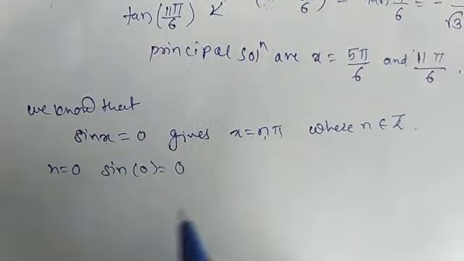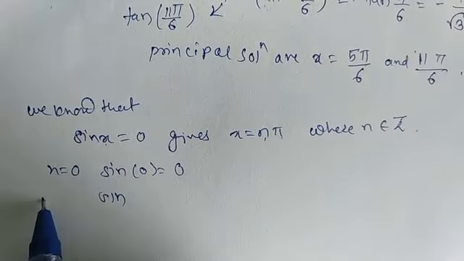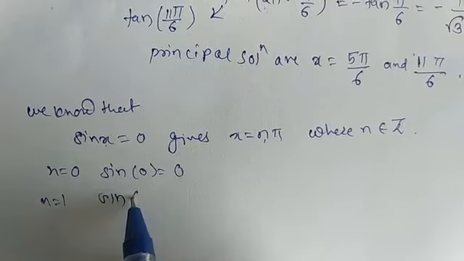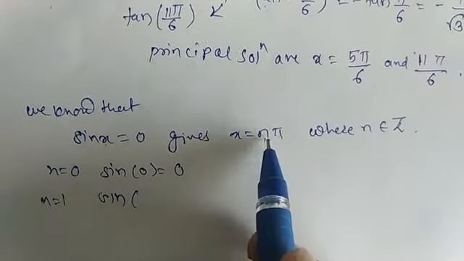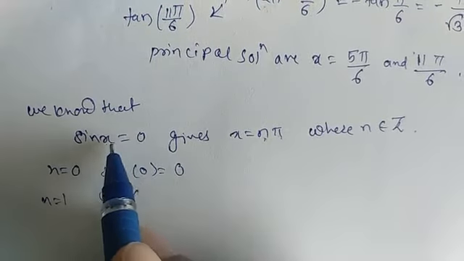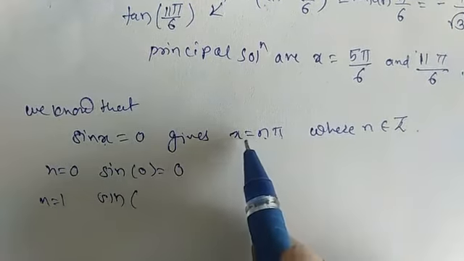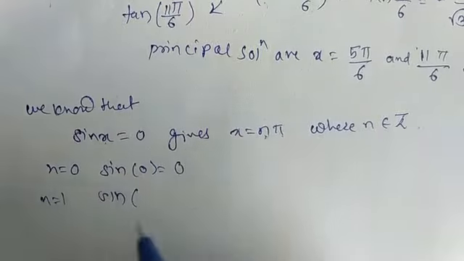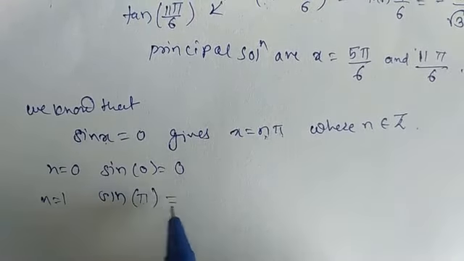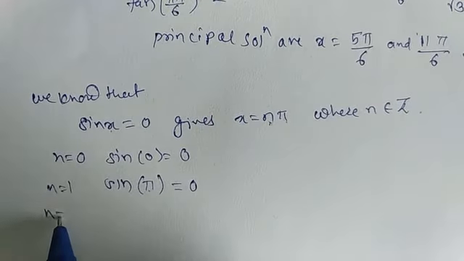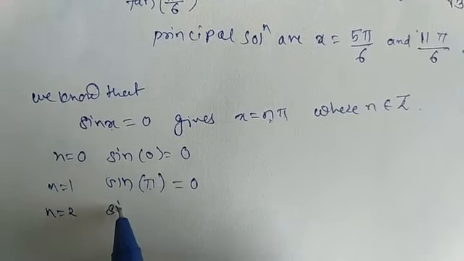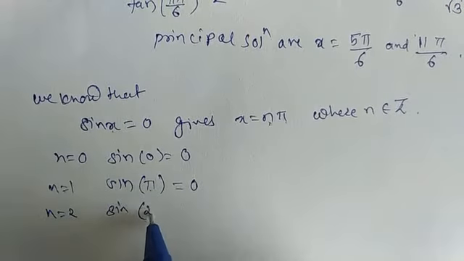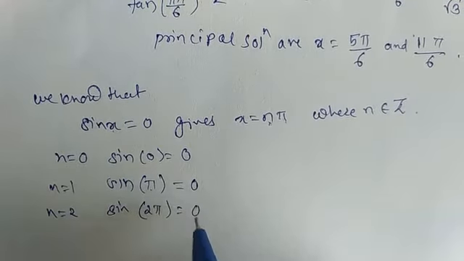For n is equal to 1 it will be sin pi, so sin pi is again 0. For n is equal to 2, it is sin of twice pi, which is again 0.